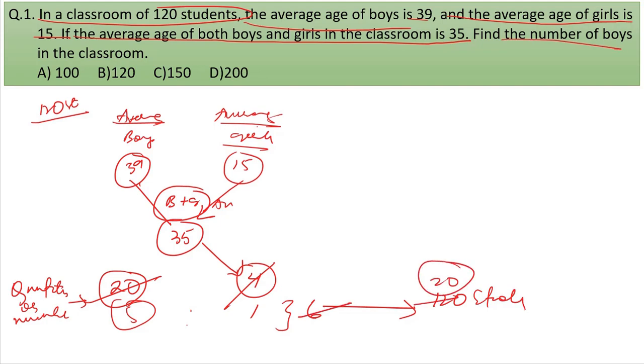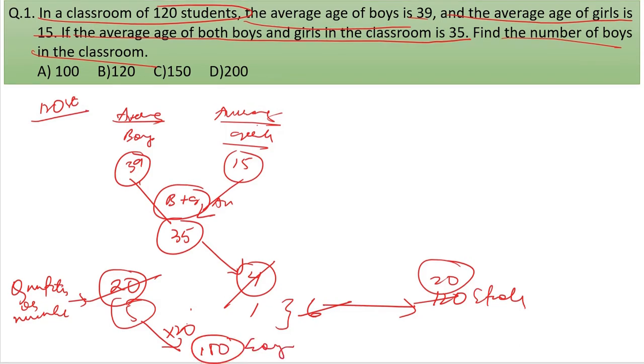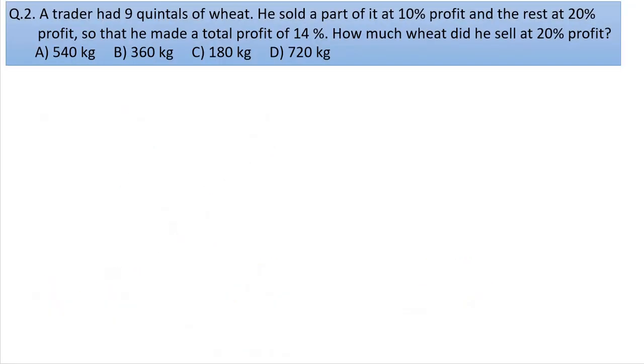Find the number of boys in the classroom. The number of boys is 5 units, 5 into 20 is 100 boys. That is option A.